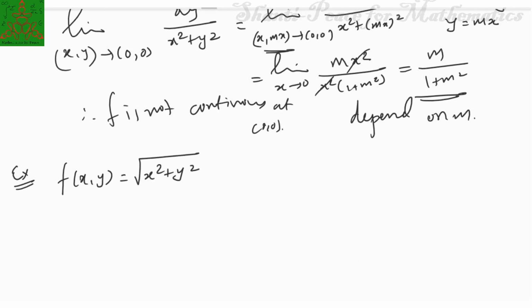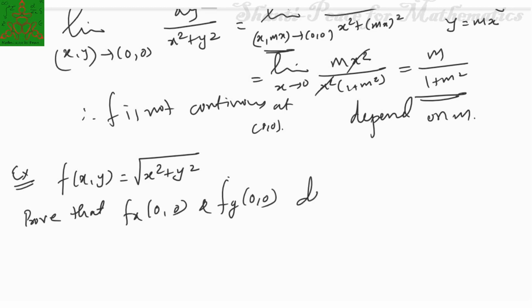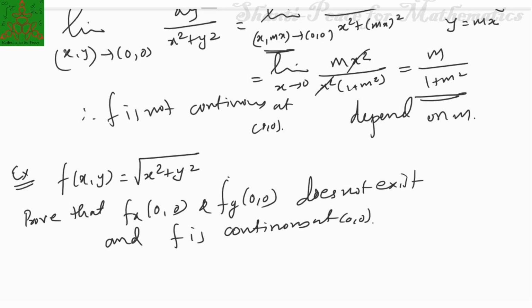The next example, let us consider f of xy to be the square root of x square plus y square. Prove that fx at 0, 0 and fy at 0, 0 do not exist, and f is continuous at 0, 0. So this is another case, where fx at 0, 0 and fy at 0, 0 do not exist, but the function is continuous.